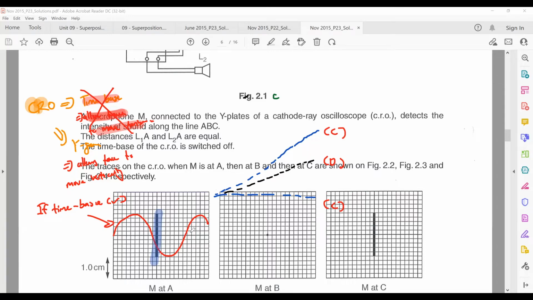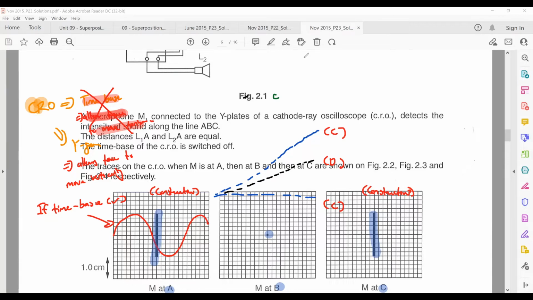By looking at the traces that you see at points A, B, and C, you can say that this is most likely going to be a region of constructive interference for point A. The same can also be said for point C, because it seems to have maximum amplitude.